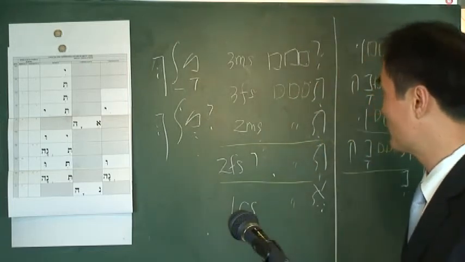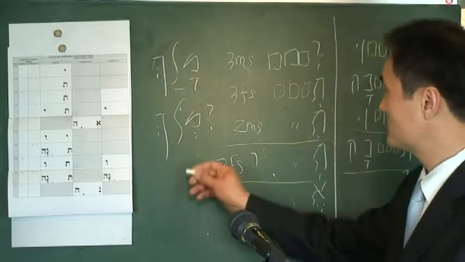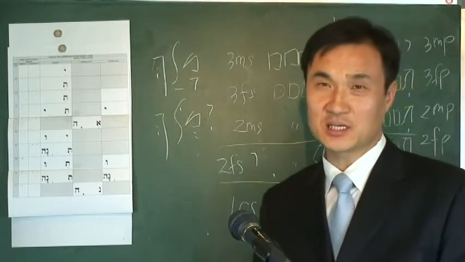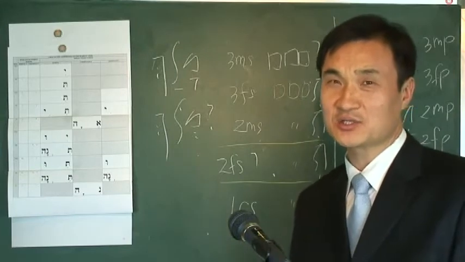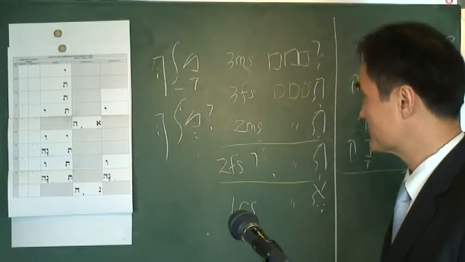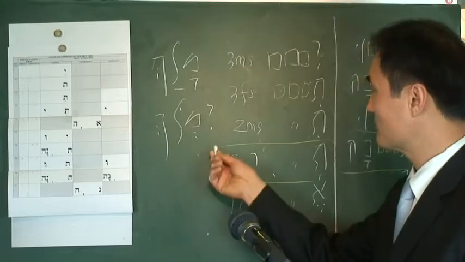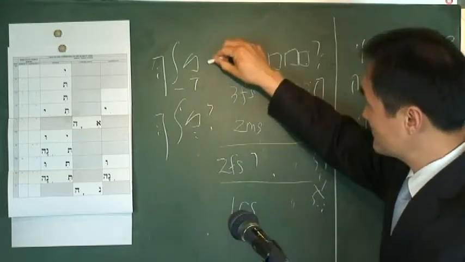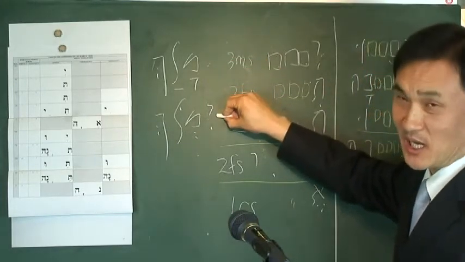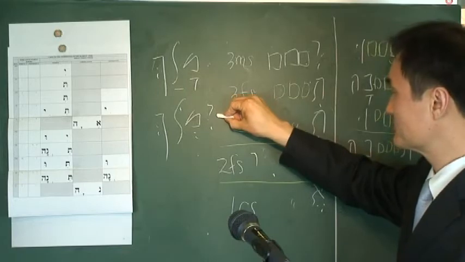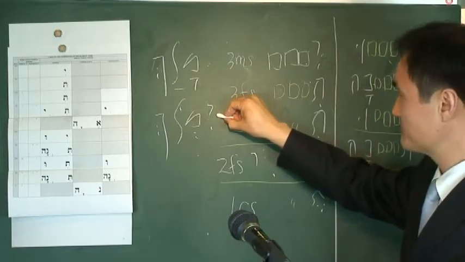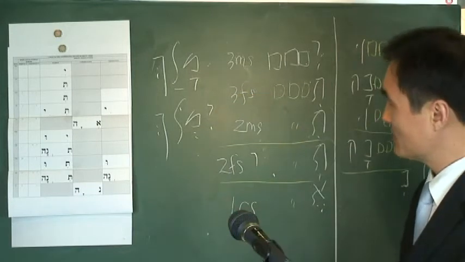Please remember that kal has a simple active voice. It means he rules. Therefore, the perfect form of the verb malak would mean he ruled. The imperfect form yimlok would be he will rule.